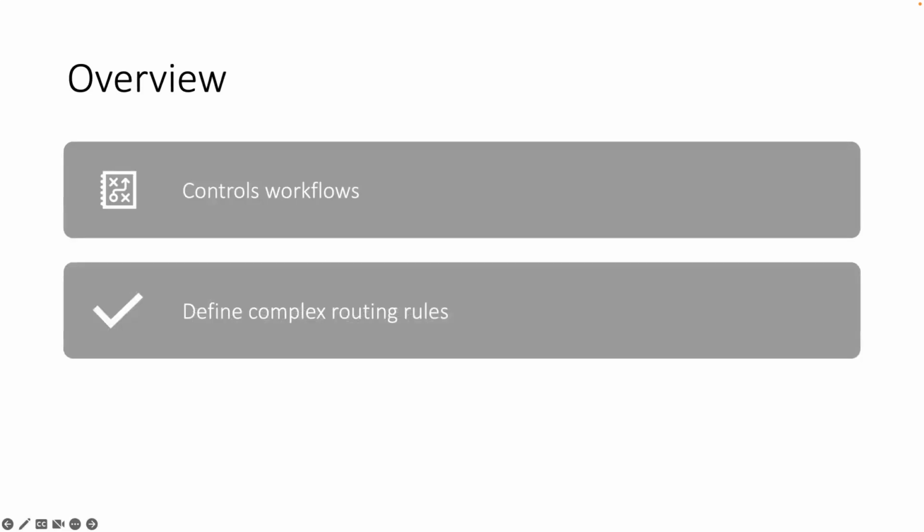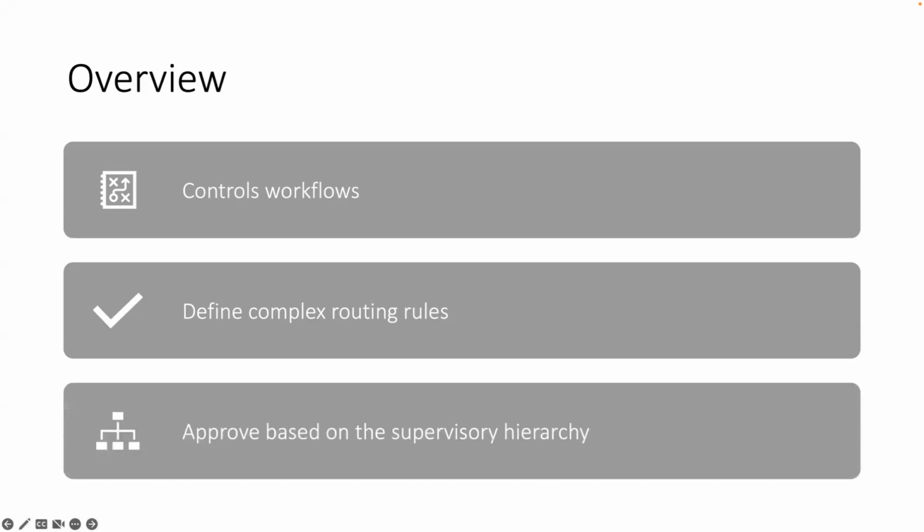And then you can define complex routing rules, different stages, different task routines, different attributes, and this can be really, really complex depending on your business requirements. And then you can also have approvals based on supervisor hierarchy, and those are the core areas that we're going to look at in a few minutes.